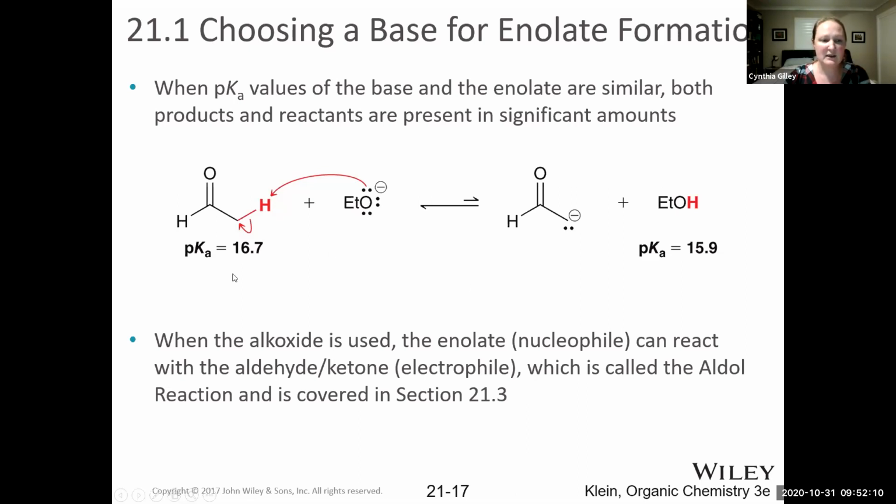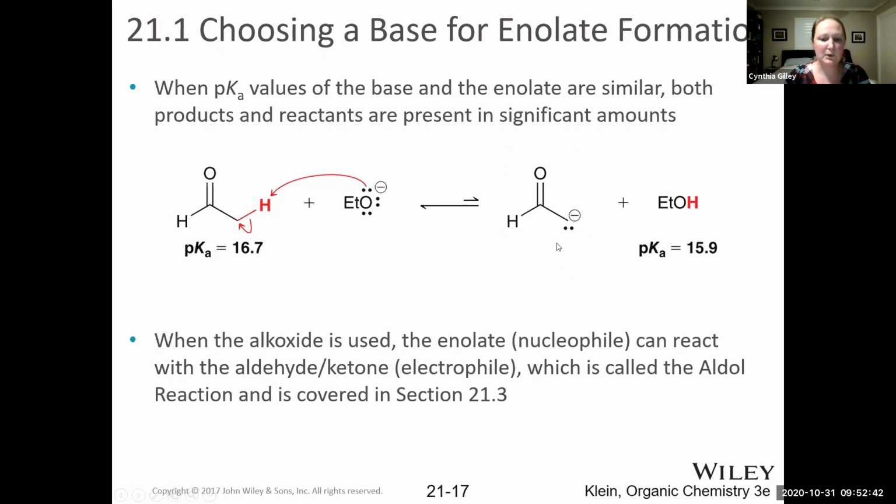And in fact, with a very similar pKa value, the approximate concentration of the enolate and the aldehyde in solution is about equal amounts, or at least there's a significant amount of both the enolate and the aldehyde in solution. Even if it's not 50-50, we know that both are present still in solution. So it's a partial conversion to the enolate instead of a full conversion to the enolate.